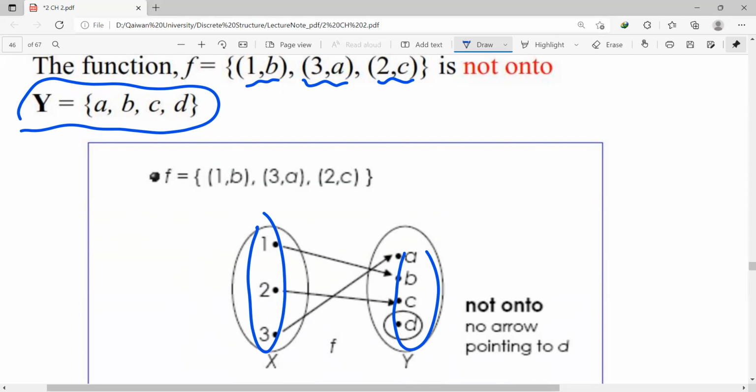And here we have d in Y, which is not image for any element in X. So we say the function is not onto. That's for onto.